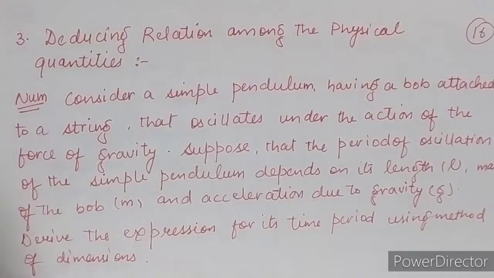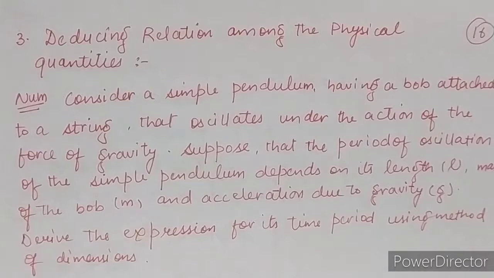Three things are there on which the time period depends: the length of the string, the mass of the bob, and the acceleration due to gravity. Through that we have to find the expression of the time period.